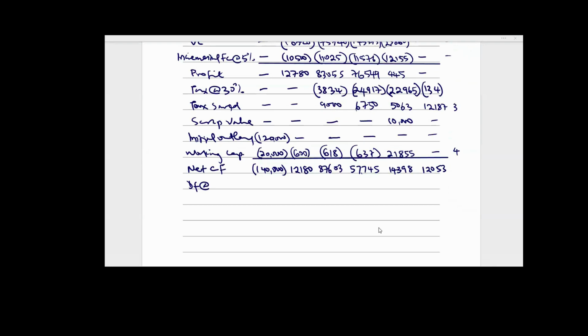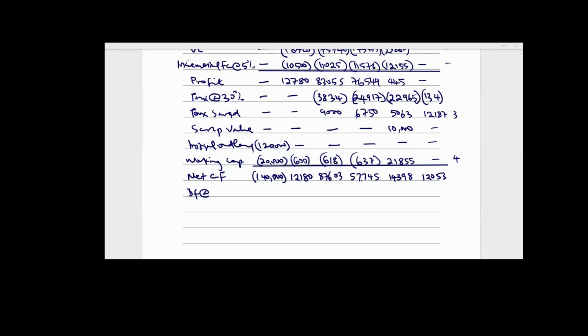Because you have inflated your cash flows, you cannot use that 7.8% as your discount factor. You need to calculate money cost of capital because the cash flows that we have are money cash flows. You use money cash flow with money cost of capital, and real cash flow with real cost of capital. So let's go and calculate money cost of capital.